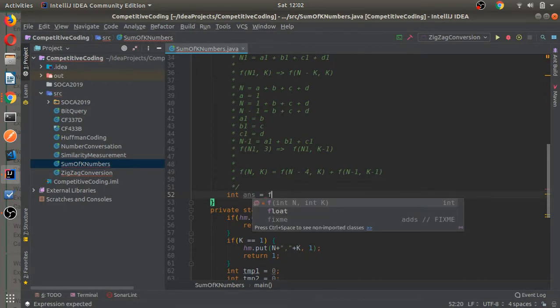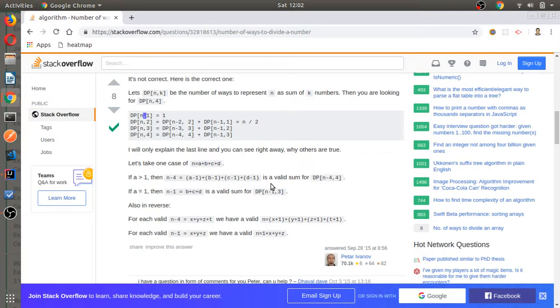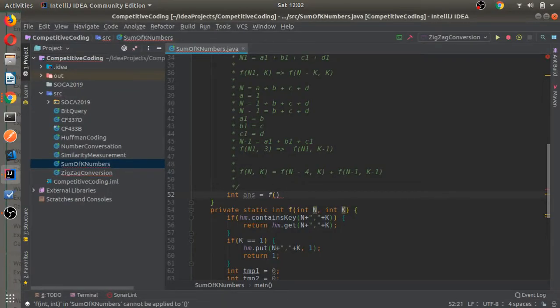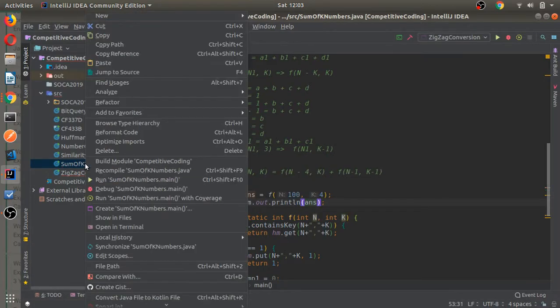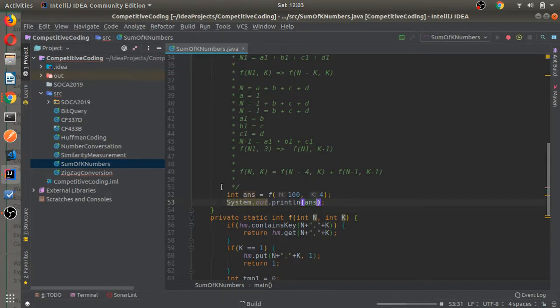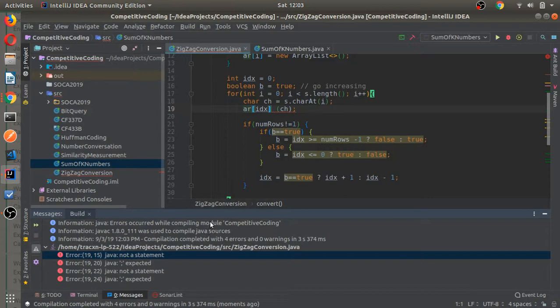Answer is equal to f of n, what is the value? Let's give 100. I don't have any value to test, but let's see if we get any error or something. Java, not a statement. What? Why is it coming from this one?